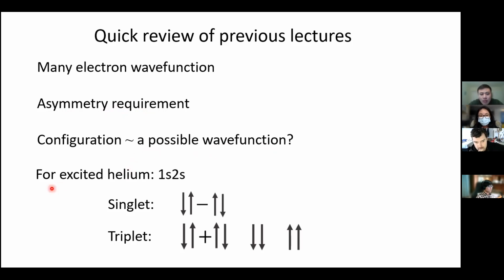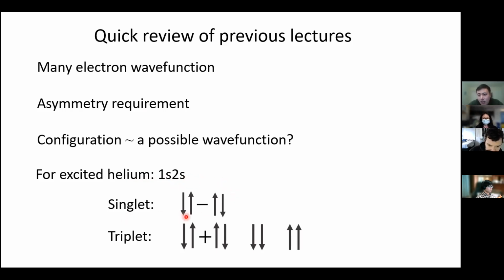And we gave the example of excited helium, which probably is the most simple and practical many electron system. It has a 1s electron and also a 2s electron. And we went through some of the mathematical details, and there we saw that actually we can identify two kinds of states.